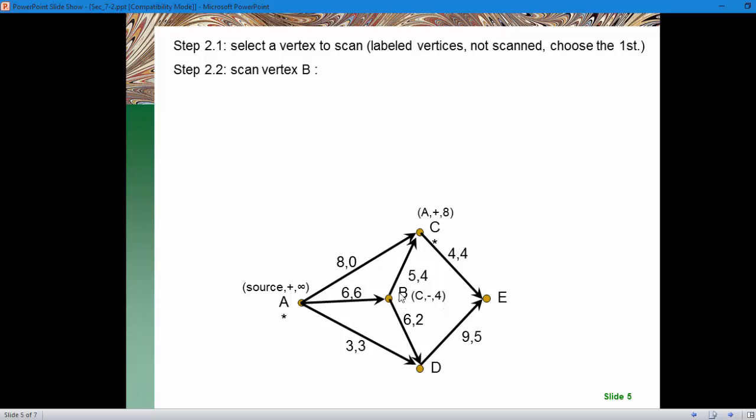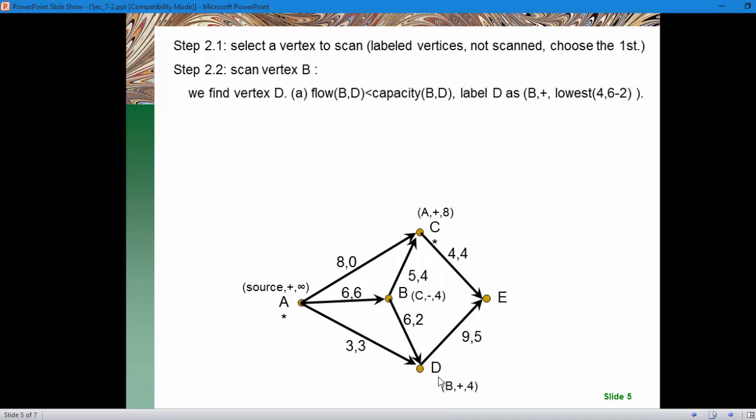So we only have 4 units of flow available to increase, and we have room for 4. And we're going to label D with the label B, meaning that's the predecessor of D, plus meaning that we can increase the flow, and 4, that's the maximum flow we can increase along this edge.